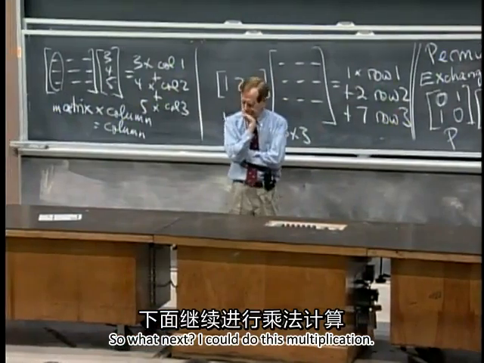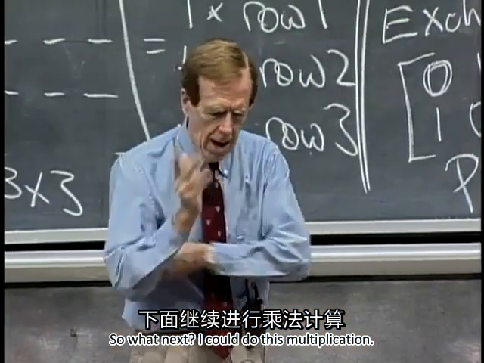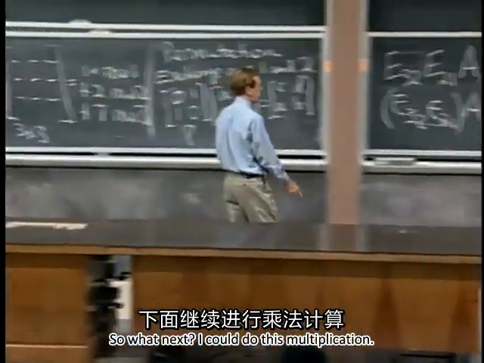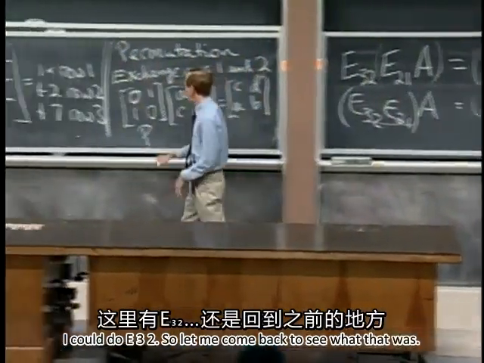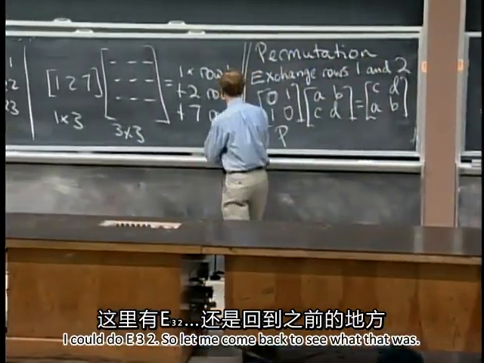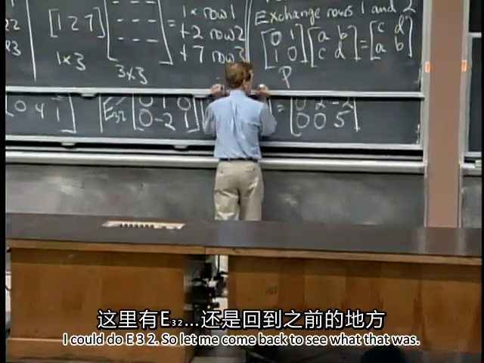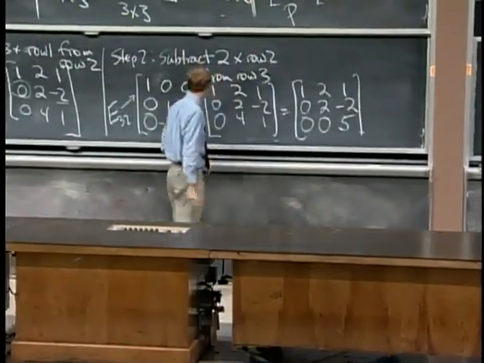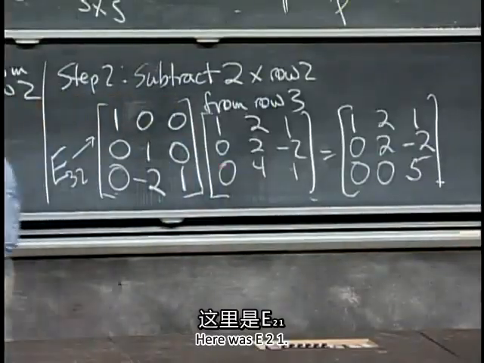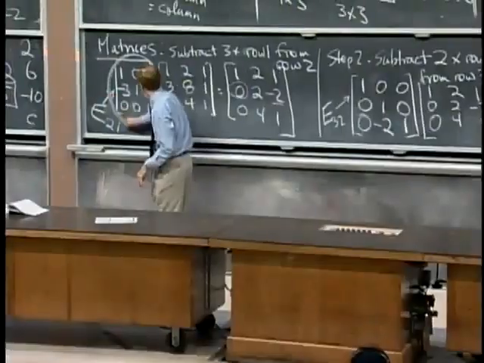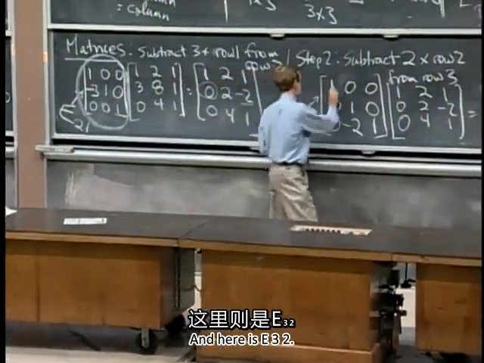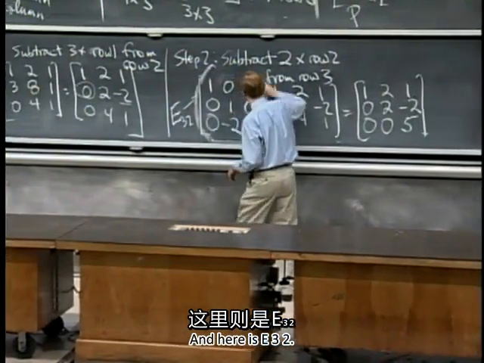Okay. So what next? I could do this multiplication. I could do E32. So let me come back to see what that was. Here was E21. And here is E32.